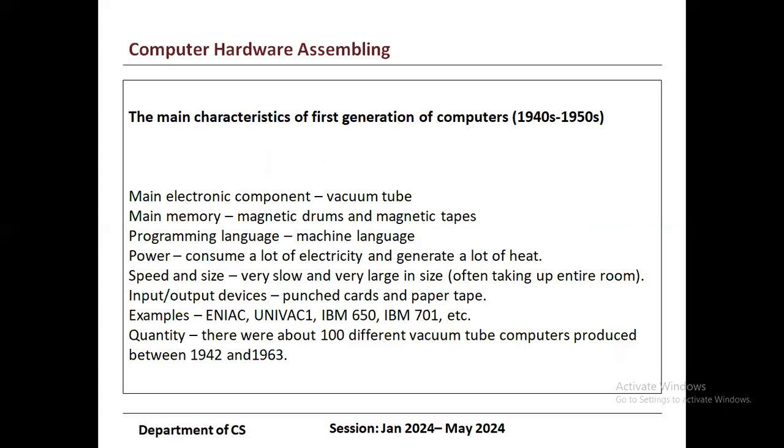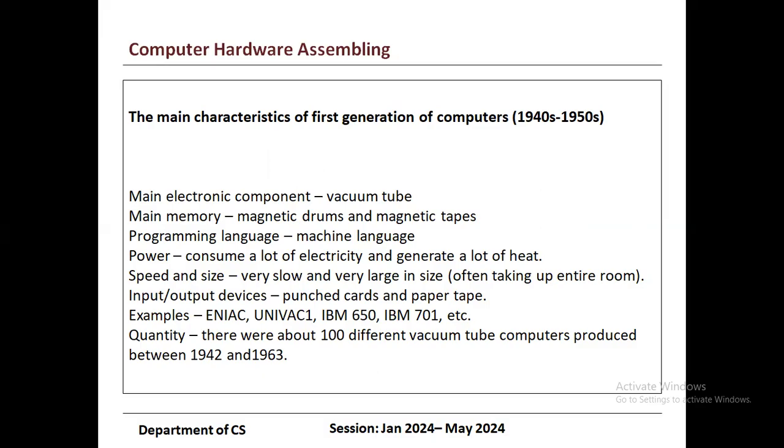So here are the main characteristics of the first generation of computers. The first generation used vacuum tube technology and was built between 1946 and 1950. Vacuum tubes were expensive and produced a lot of heat, which made these computers very expensive and only affordable to large organizations.